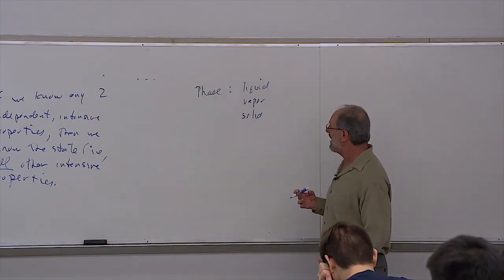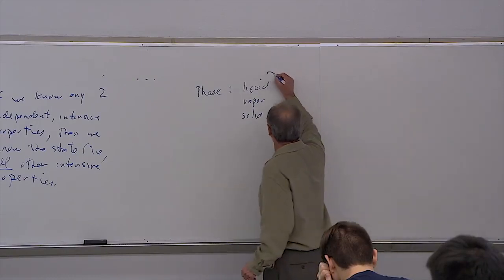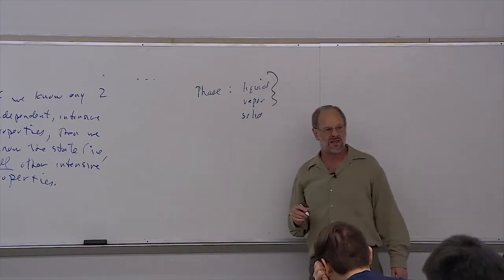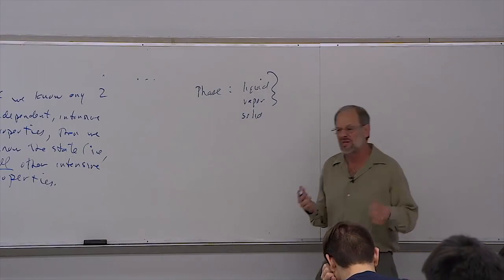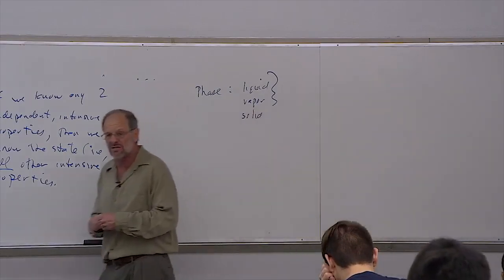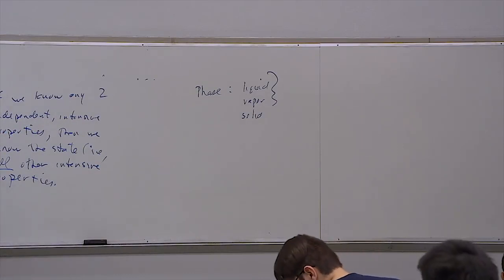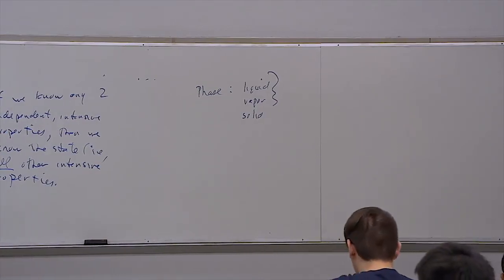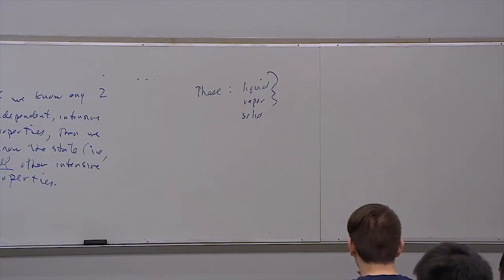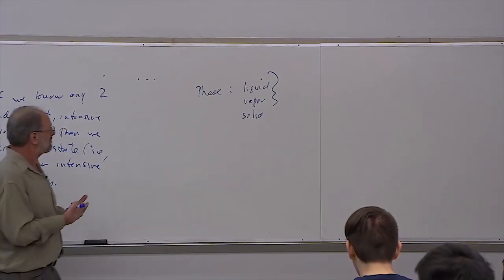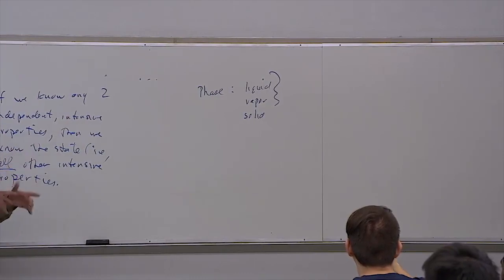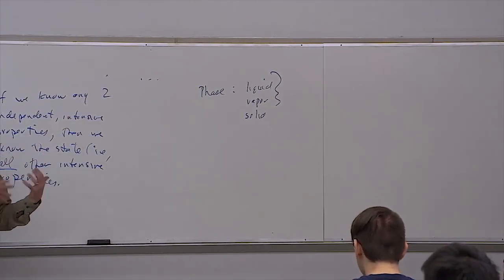Let's keep in mind that it's really the liquid and the vapor phase that are of most interest to us. When we deal with any of these cycles that I've mentioned, not the gas power cycle because it's always a gas, but the refrigeration cycles, the Rankine cycles, those are going to be cycles that at some point in the cycle will be liquids, and at some point in the cycle will be vapors, and at some point in the cycle will actually be a combination of both liquid and vapor.